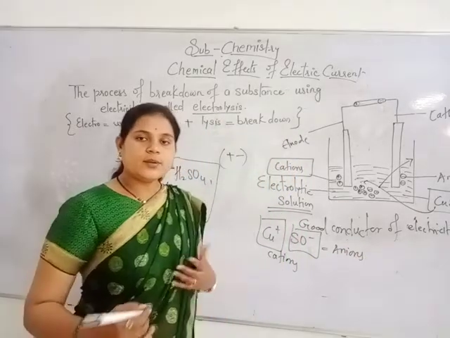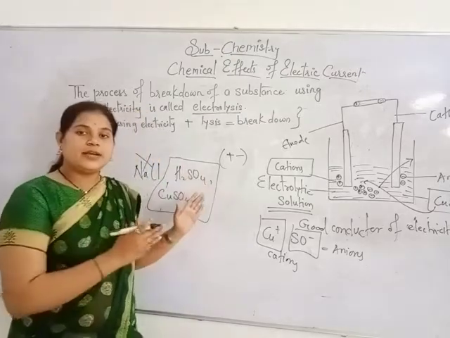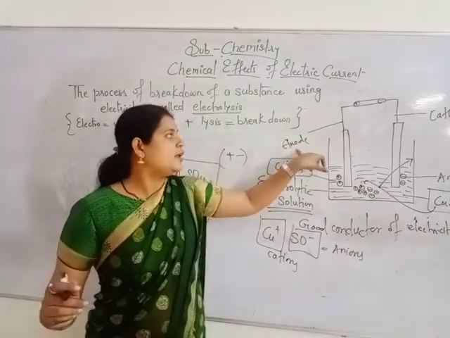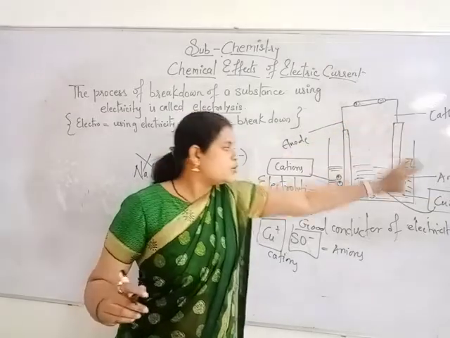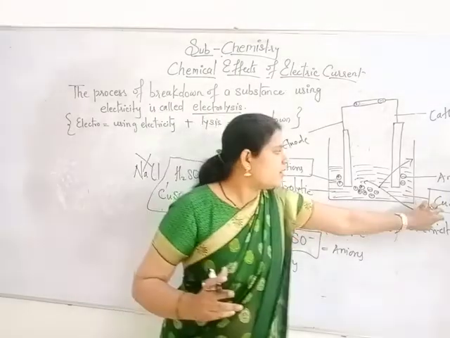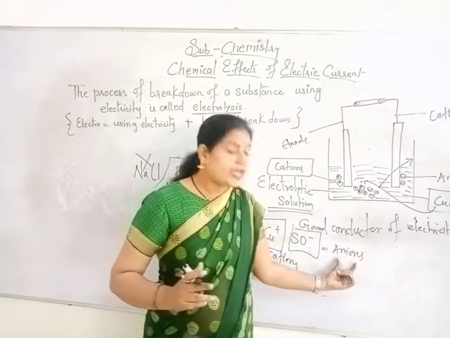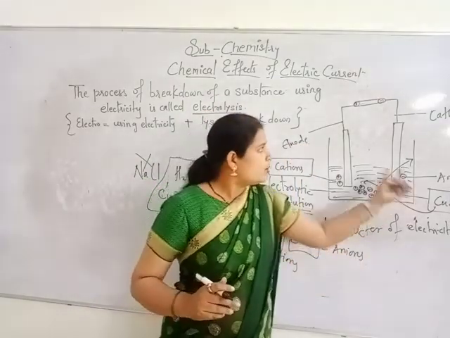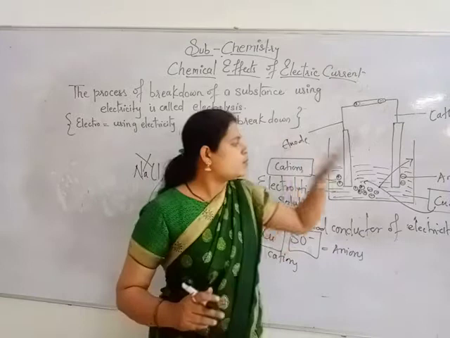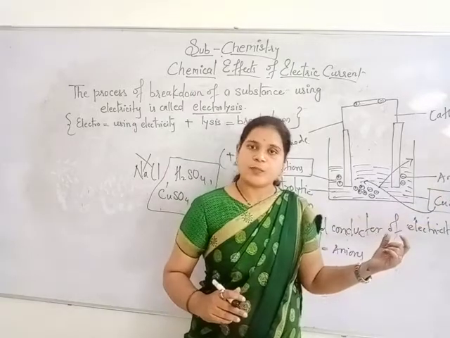Are you understanding it? I know it's confusing, but you have to remember, positive is anode, negative is cathode. Obviously, positive and negative will attract. So the negative ones go towards the positive, that is, near the anode, and they are called anions. The Cu plus moves towards the cathode, which is connected to the negative terminal. It is positively charged, so they are called cations.